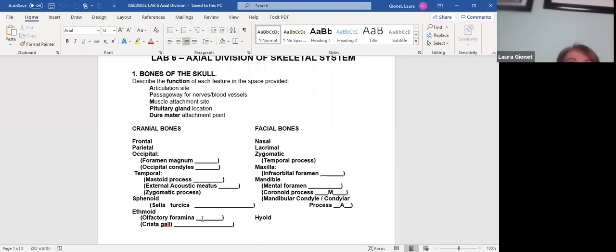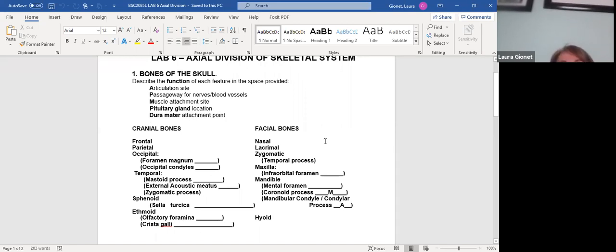So the function of the olfactory foramina is P for passage. Crista galli is a piece of bone that sticks right up from that central point of the ethmoid bone, right in the midline. And its function would be dura mater attachment point, or dura mater attaches. That's fine. That goes in that blank space.